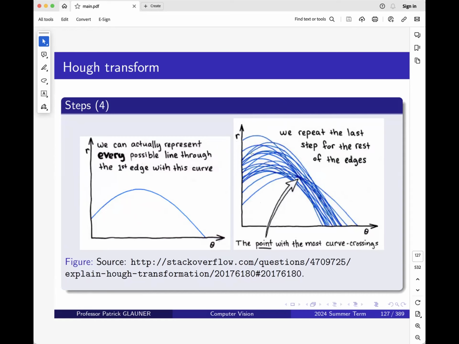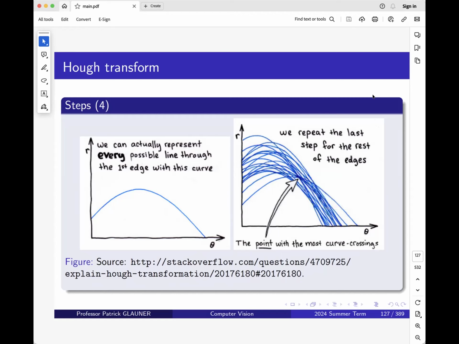And what I see is in this R theta space, if I have these curves, they're intersecting. Up here, I have one intersection. Up here, maybe 3 are intersecting. But I somewhere have a point where I have the most intersections in R theta space. And this point here, in which I have the most intersections, that's a point in R theta.